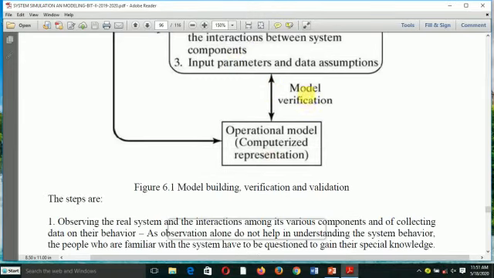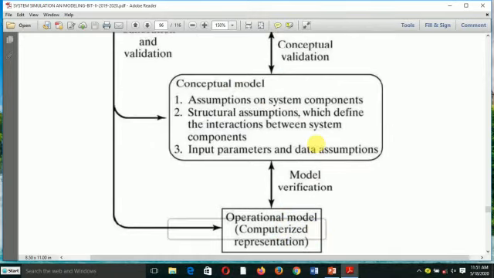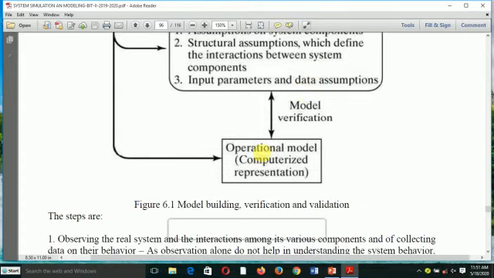So after that, you are going to verify the model. What you have done here, you have to verify if it is correct. So you will go immediately into the operational model, which means into the computer, into the simulation. The simulation will be done on the computer, or the simulation can also be done, as we saw, using mathematics, so in the form of modeling.